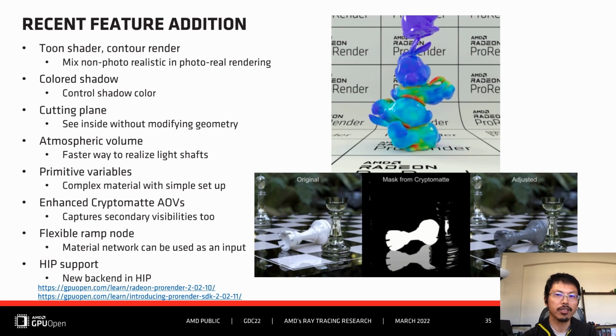This was something we couldn't do in the past with the previous Cryptomatte implementation. So that's a huge improvement. And we also made the lamp node more flexible so that you can connect any shader network for each input of the lamp node.